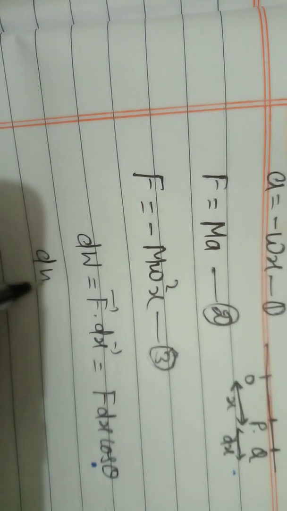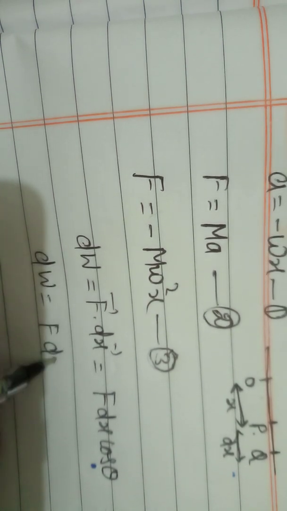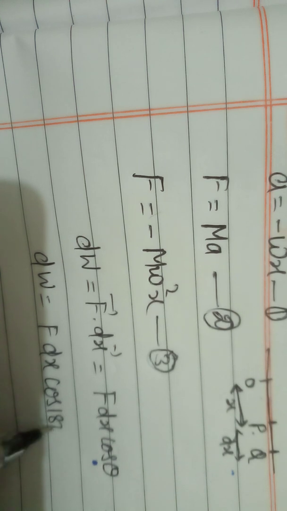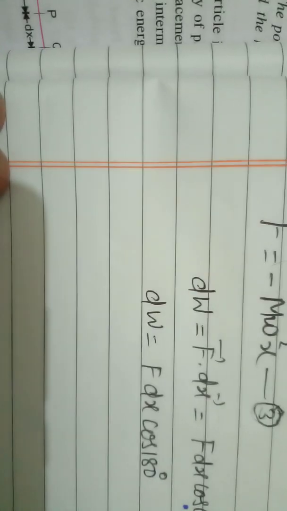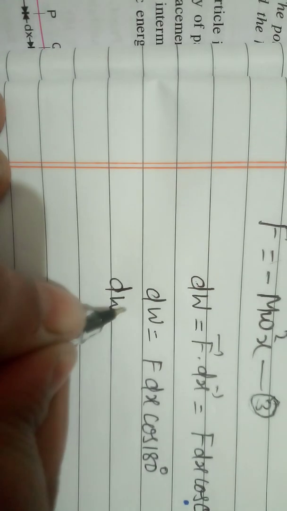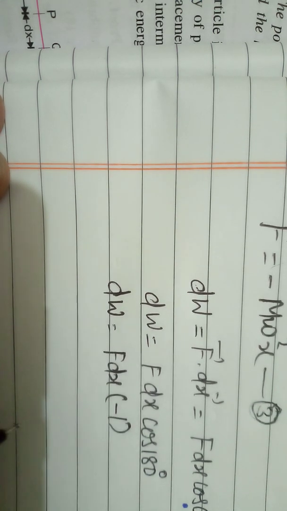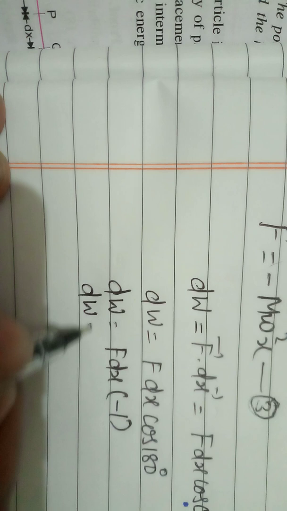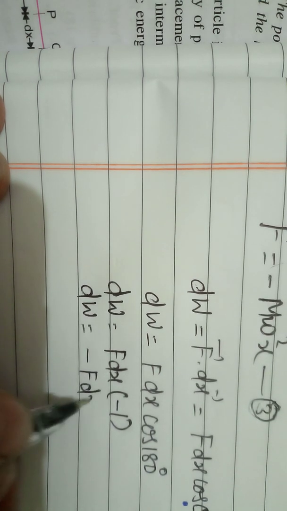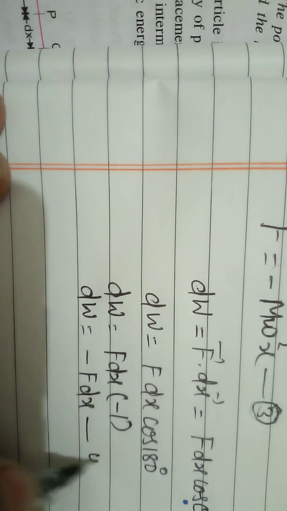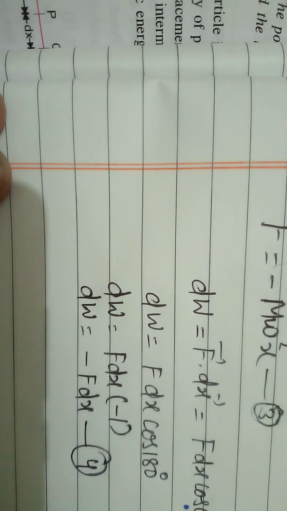So dW is equal to F dx cos 180 degrees, and cos 180 degrees is minus 1.